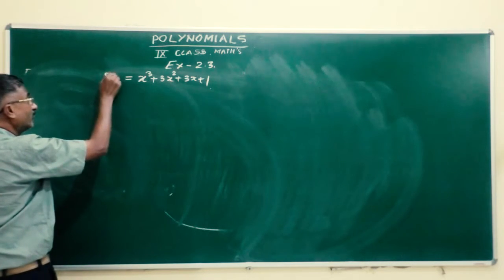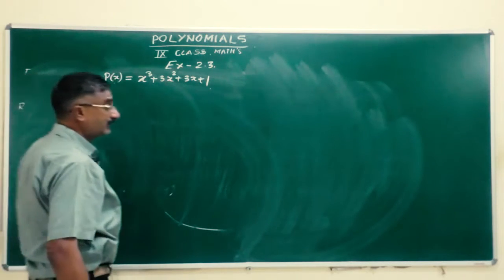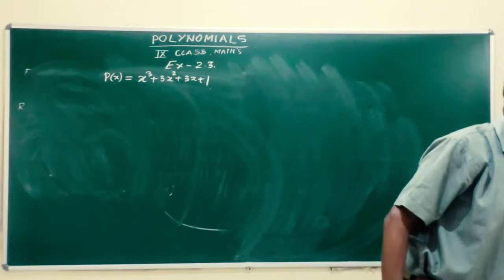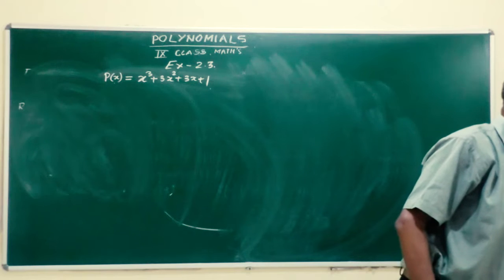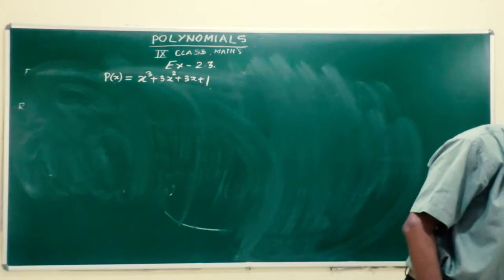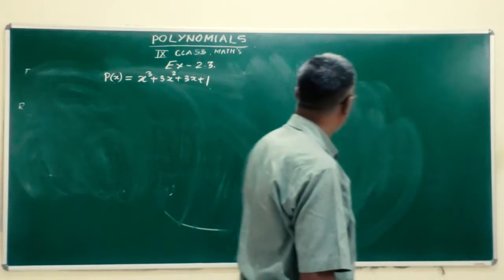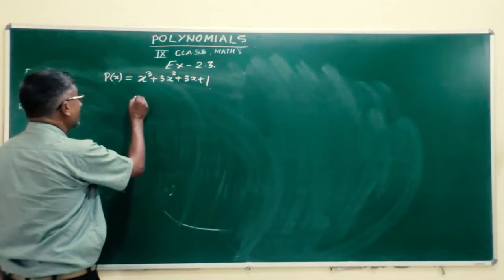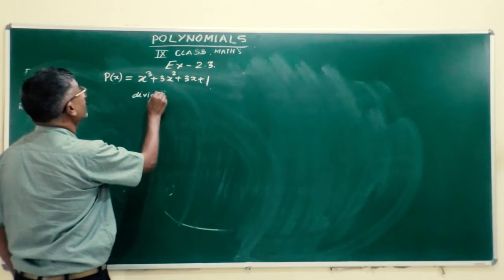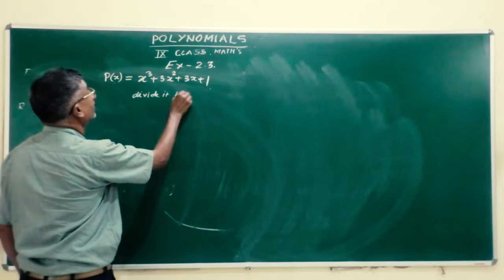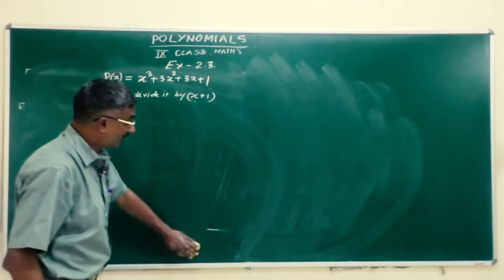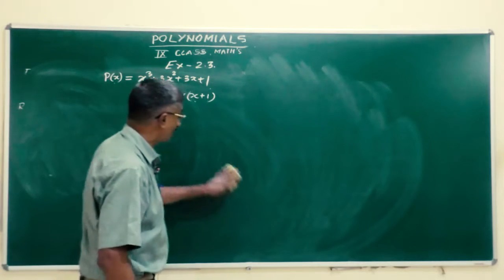This is a polynomial of third degree, and there are 4 terms. We have to find the remainder, or find out whether it is a multiple of x plus 1 or not.